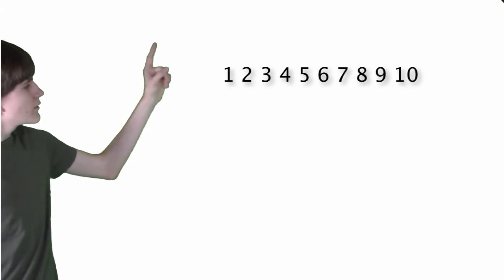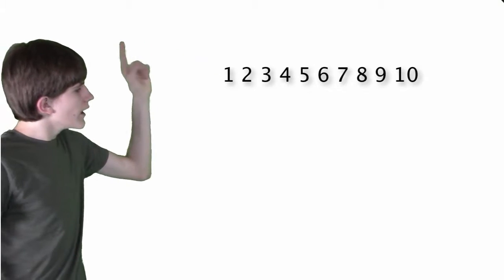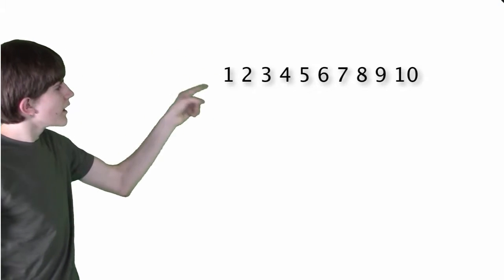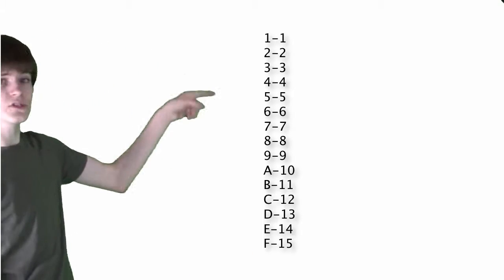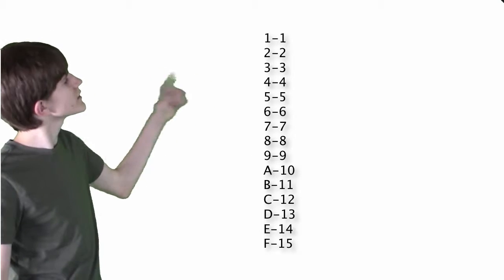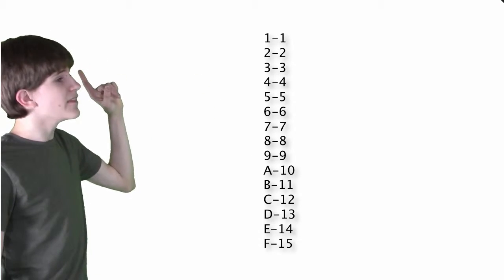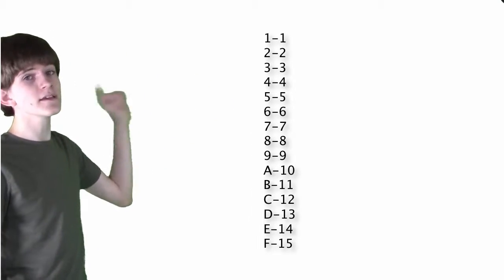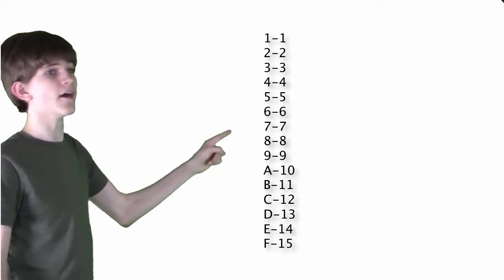We also use decimal, which is what we use today: 1, 2, 3, 4, 5, 6, 7, 8, 9, and 10. And along with that, we use hexadecimal, which goes 1, 2, 3, 4, 5, 6, 7, 8, 9, and then starts A, B, C, D, E, and F. And so that's how that sequence goes.